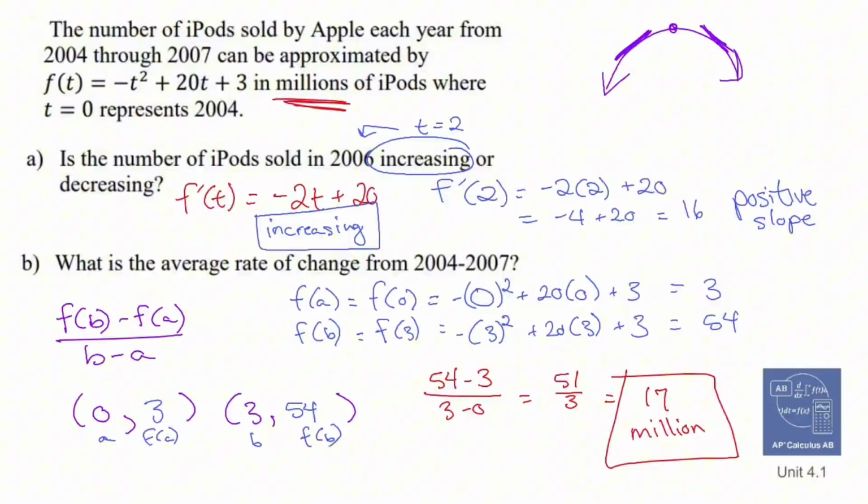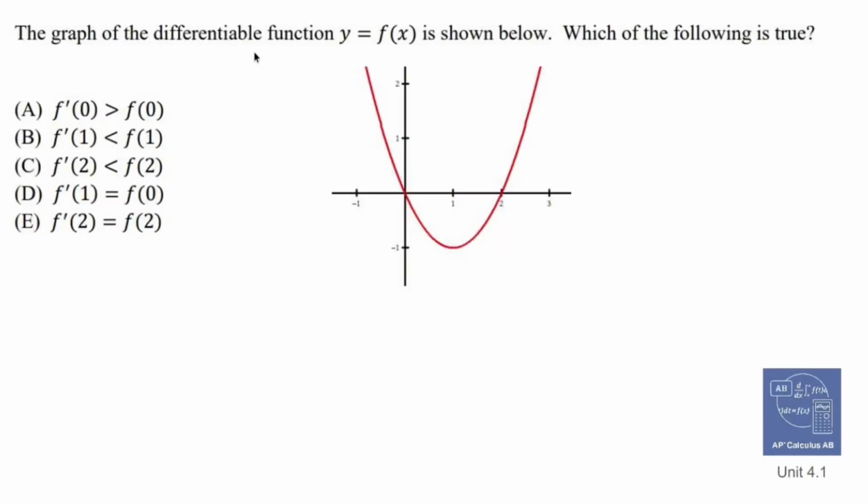Fun stuff. The graph of the differentiable function y equals f of x is shown below. Which of the following is true? So we've got this parabola-looking guy. It's decreasing there, it's increasing there. We have a bottom there. So knowing calculus, we're probably going to talk about the fact that the derivative, let's use words, the derivative is going to be negative.